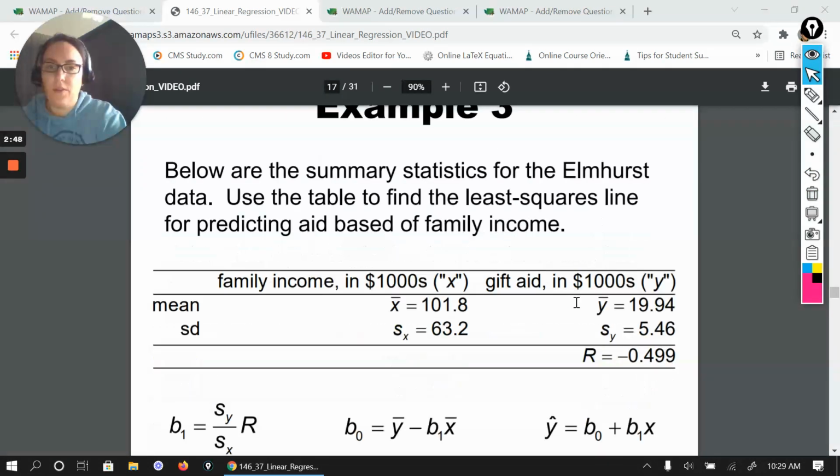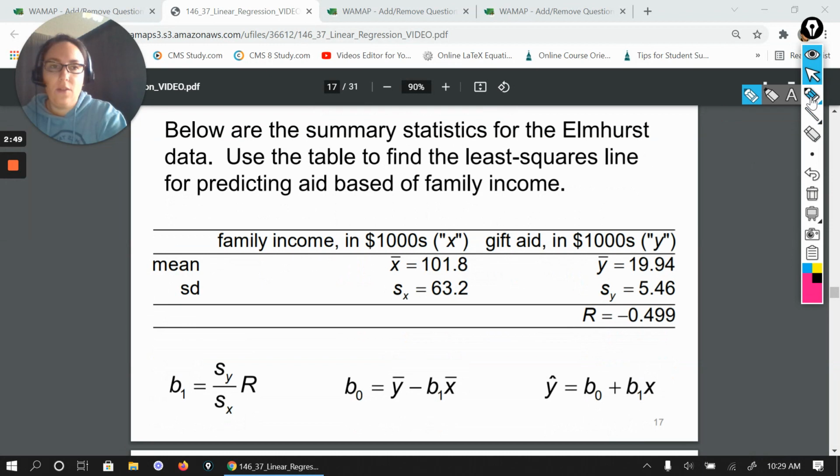Here's example 3. Below are the summary statistics for the Elmhurst data. Use the table to find the least squares line for predicting aid based off of family income. Let's start with b1.